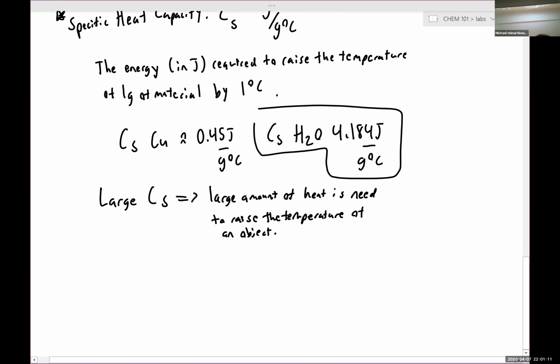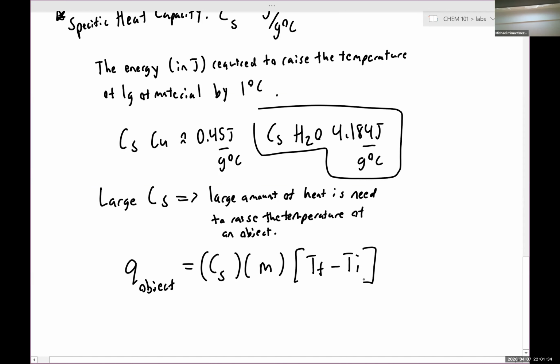Now, we can relate heat and specific heat. So the heat gained by an object or lost by an object is equal to the specific heat times m, which is the mass, times T final minus T initial, where T final is the final temperature and T initial is the initial temperature of our object.